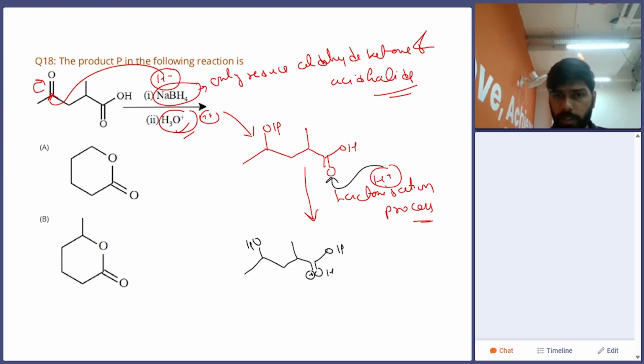This will take the electron from carbon, so immediately this oxygen will attack on this carbon. When it attacks, the structure will be OH, this carbon, this is your OH, this carbon, and this is also OH.